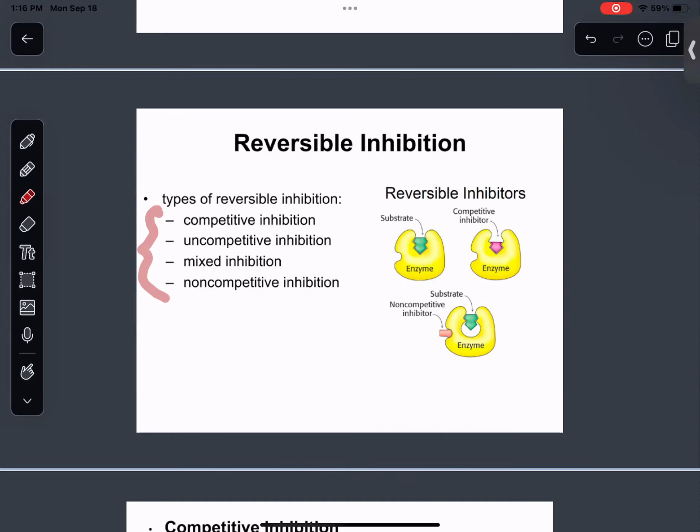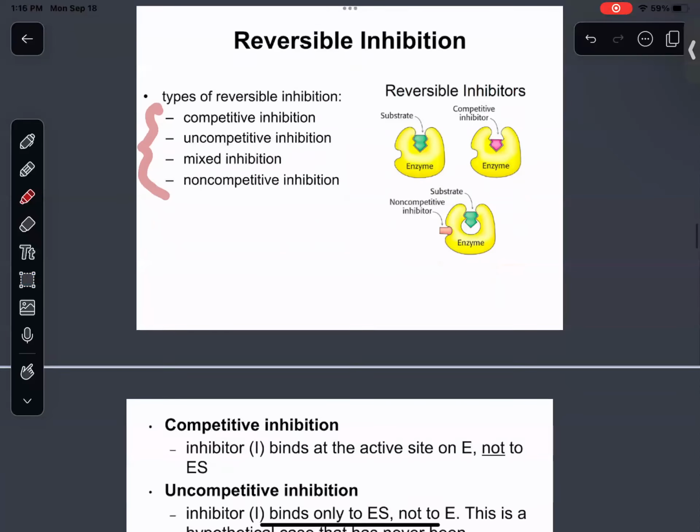Before we move forward, I'm going to implore you to think of these things like a flow chart. This is what helped me a lot when I was studying, to help isolate what was what. You have your inhibitors up here, and that breaks up into either reversible or irreversible.